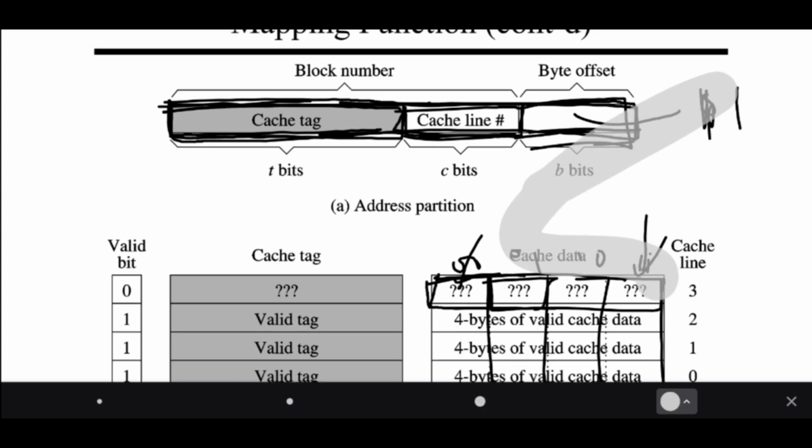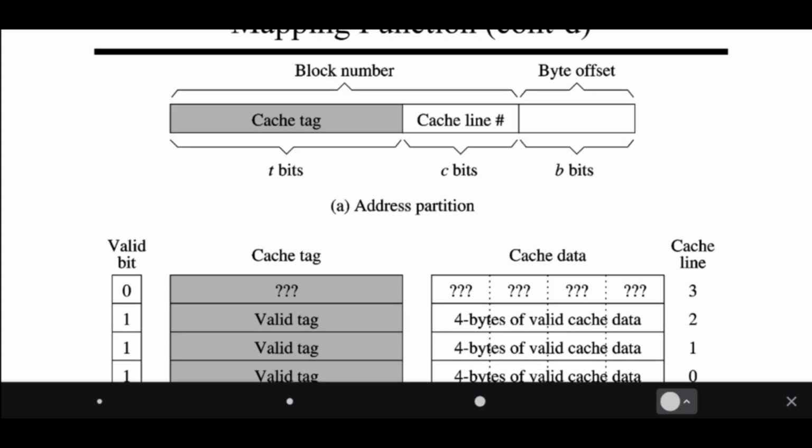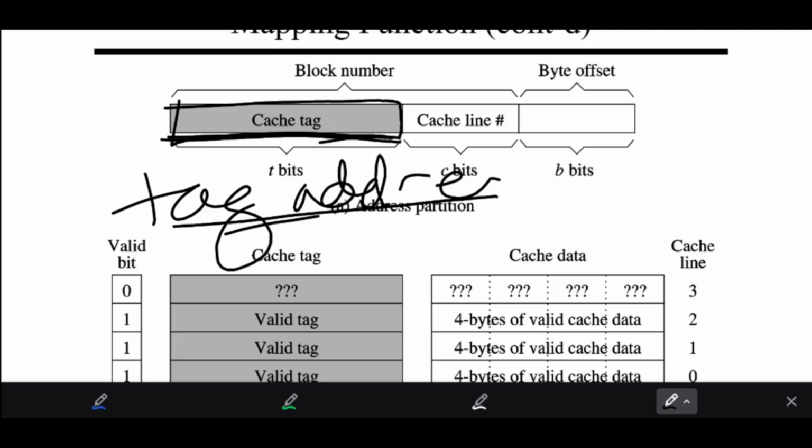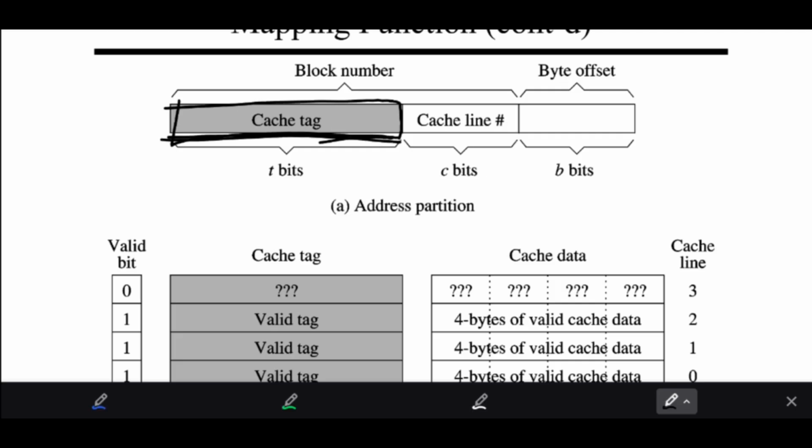Let's make it more clear. This is very important: the cache tag. What is the cache tag? We have discussed your tag address. You remember? The cache tag will be matched with the tag bit. If the cache tag and the tag bit match, then there is a cache hit.